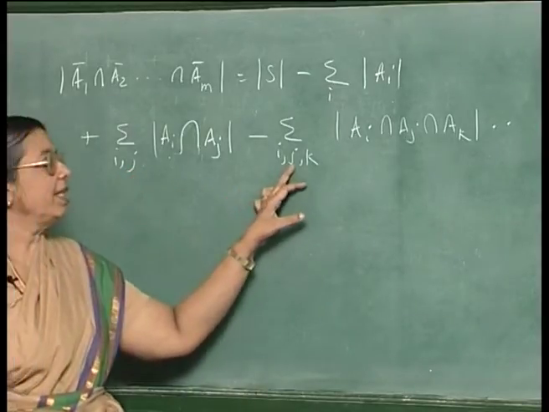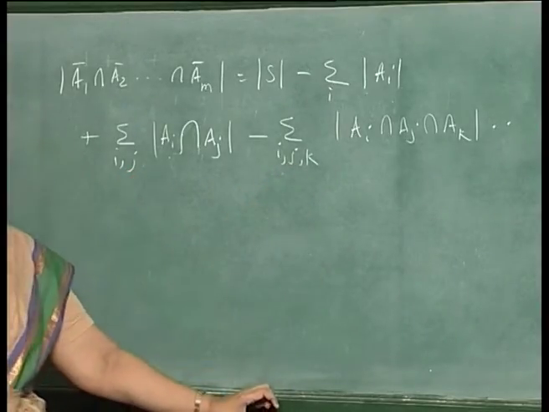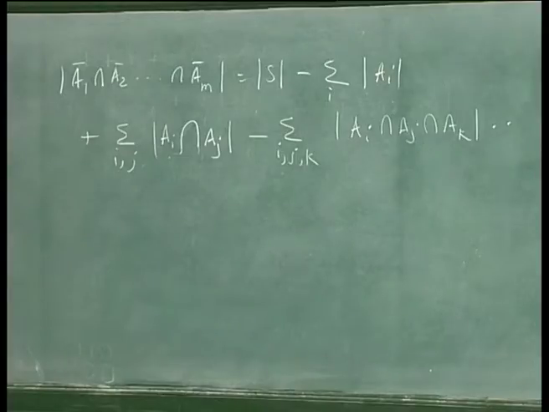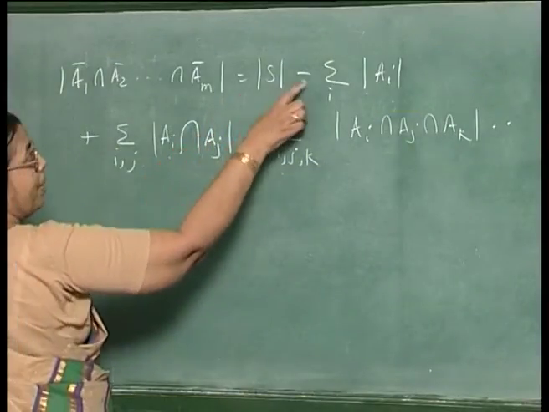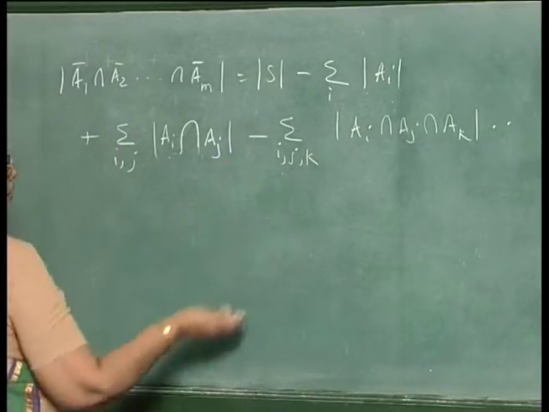Here you should take all the 3 combinations from 1 to m, where the first sum is over all integers i in 1 to m, the second sum is over all 2 combinations ij of integers from 1 to m, and the third one is over all 3 combinations ijk from 1 to m and so on. So, alternatively it will be plus then minus then plus then minus and so on.